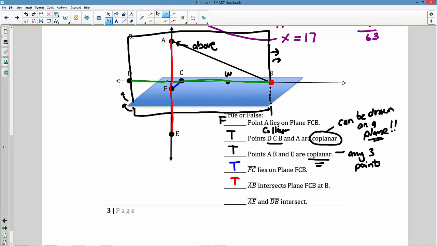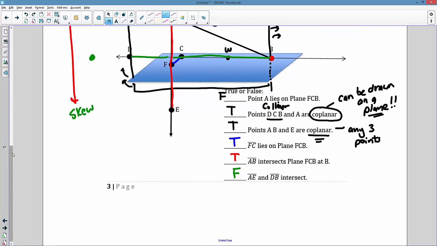If we were to turn it sideways, green would be coming out of the blackboard right towards you. Imagine this is coming right at you and into the smartboard. So we call these skew lines. This is false.